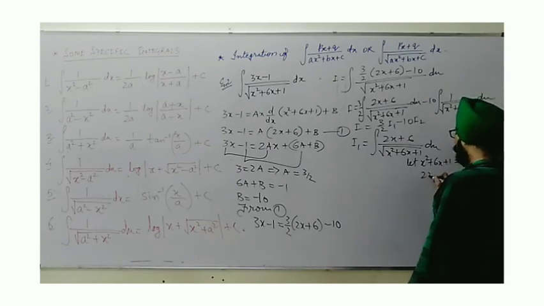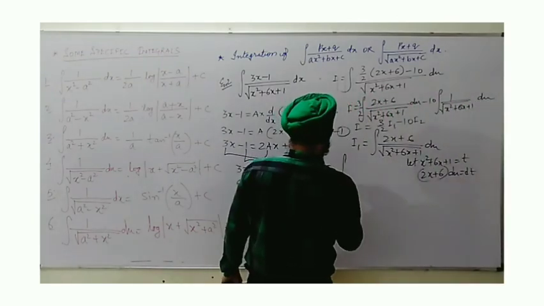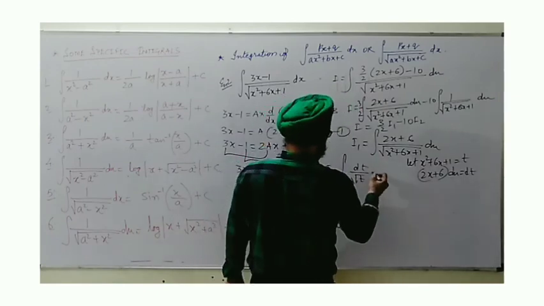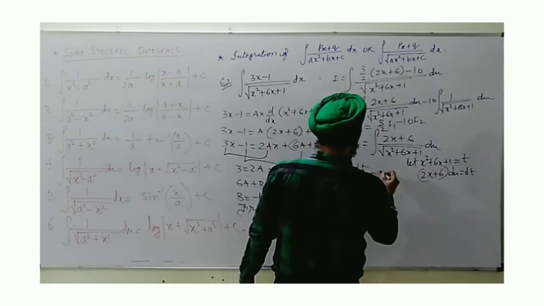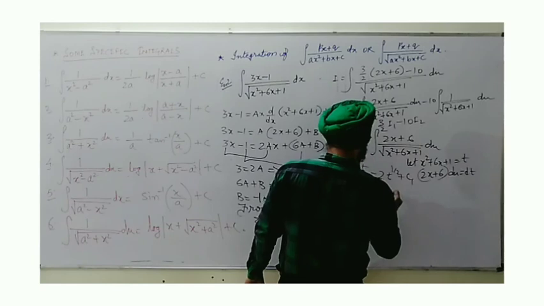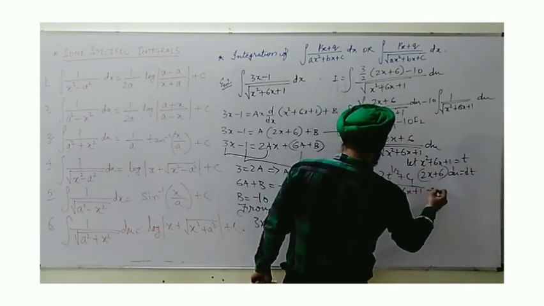We get 2x plus 6 dx as dt. Finally we get I1 as integral of dt upon root t, which by the basic pattern, t raised to the power minus 1 by 2, gives 2 t raised to the power 1 by 2 plus c1, and this is 2 root x square plus 6x plus 1 plus c1.